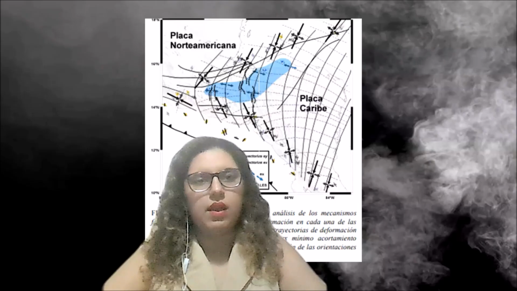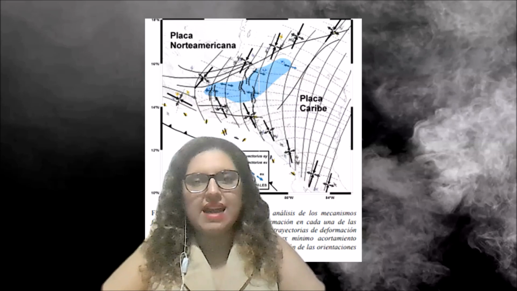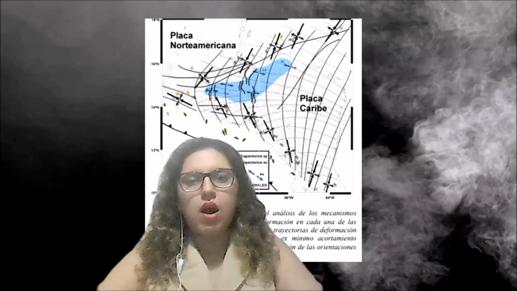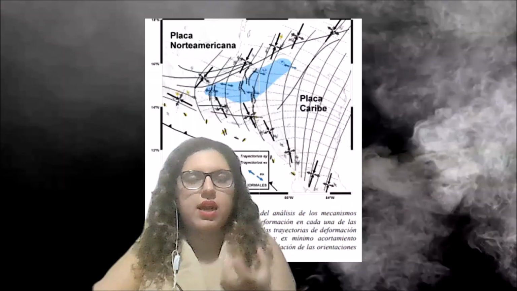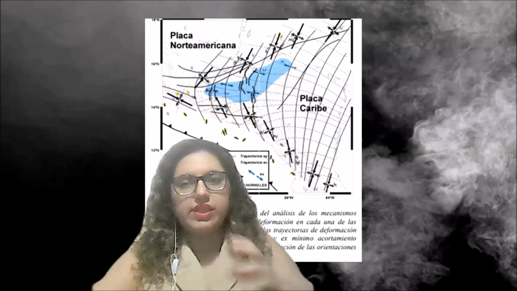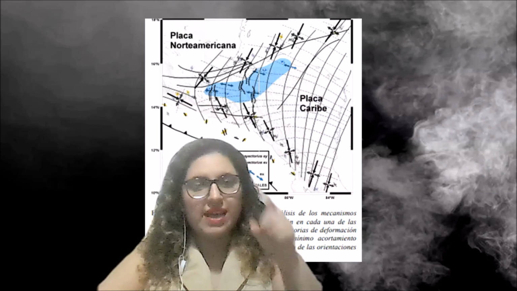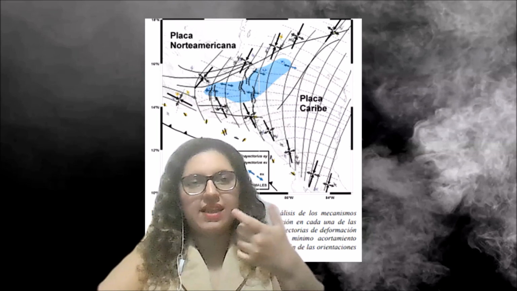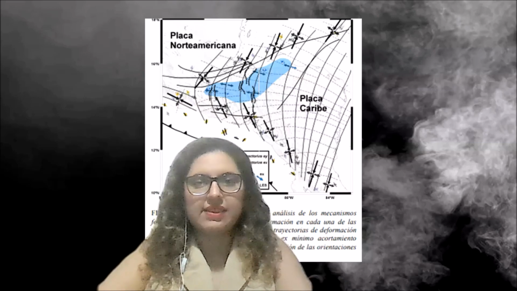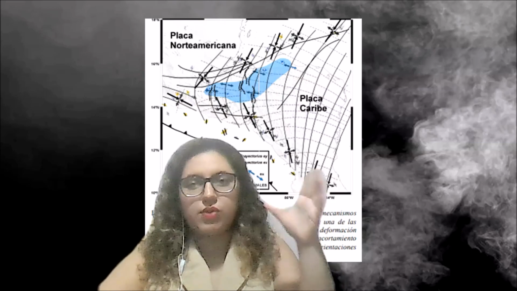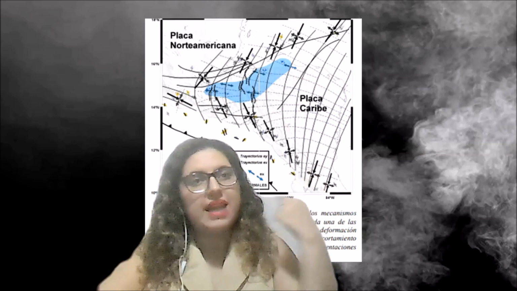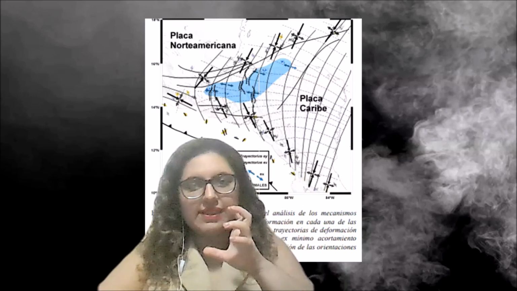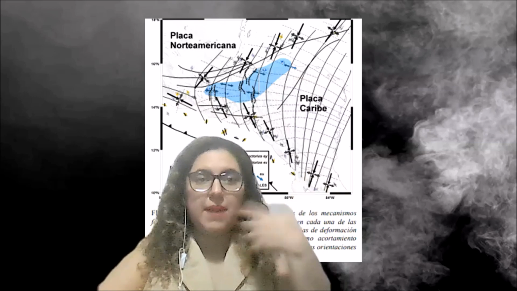Then we have the epicentral distribution of the earthquakes as well as the character of the focal mechanisms, which allow us to consider that the earthquakes in zones 1 and 2 are related to the dynamics of the Caribbean plate, according to the other slides, while those located in zone 3 seem to be more related to the subduction process of the Cocos Plate below the Caribbean plate.